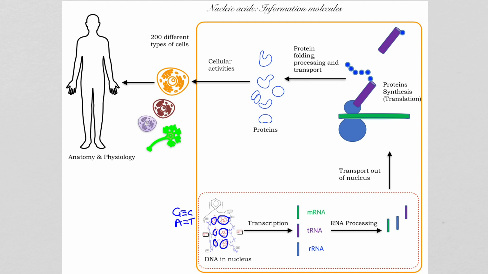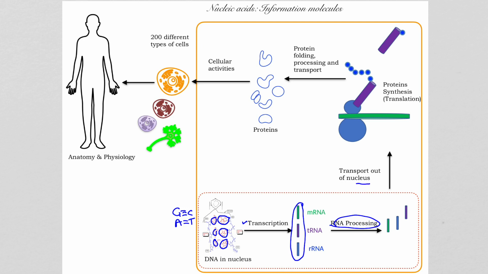And this information is transcribed by a process called transcription into various forms of the other nucleic acid, RNA. Then these various RNAs that are used for protein synthesis undergo processing, and then they are exported out of the nucleus.